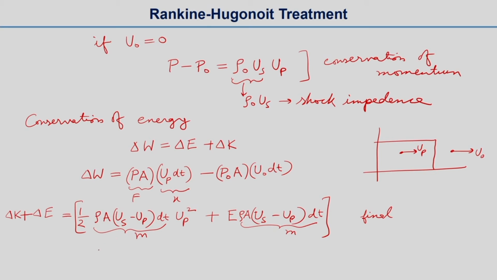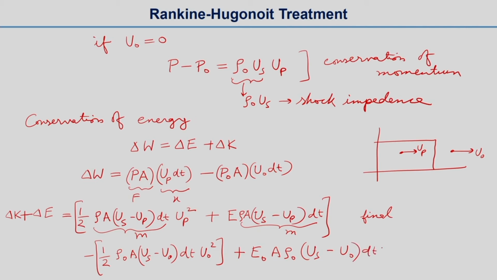And then minus the initial one, which will be equal to half of rho naught A (Us minus u naught) dt u naught squared, plus E naught A rho naught (Us minus u naught) dt.